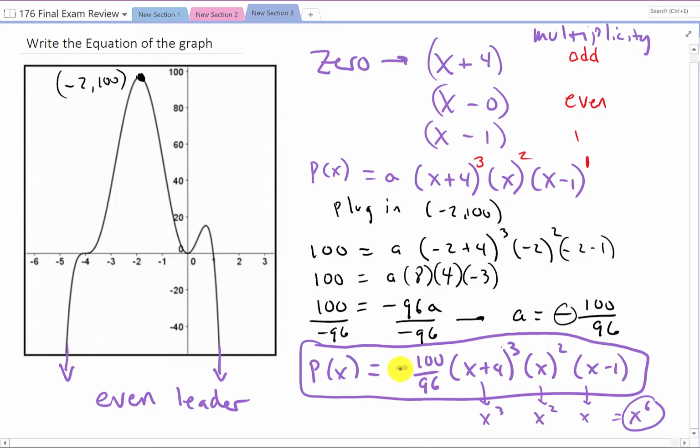But it's multiplied by this negative, which means the U-shaped tails are going down, just like we see in our picture. So I'm just trying to connect the relationships here, but we've solved for a pretty challenging equation based on knowing just a couple things about polynomials, their zeros, their multiplicity, and their tails. All right, look for more of these to study. I definitely am putting one of these on the final.